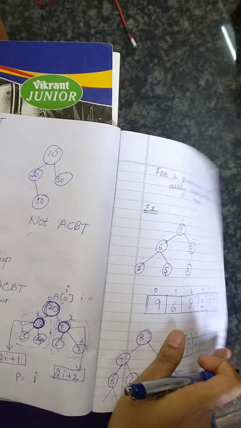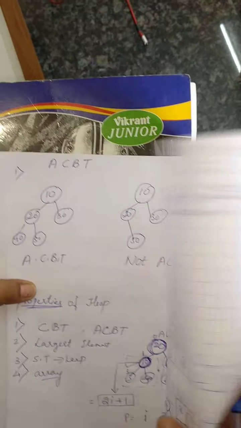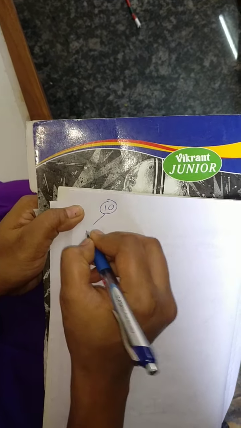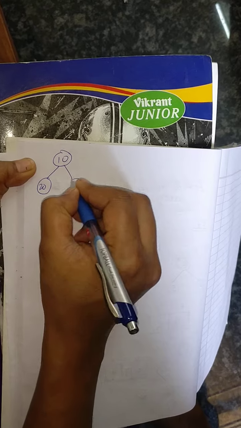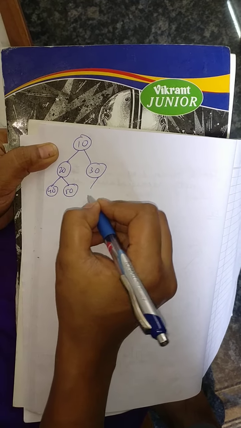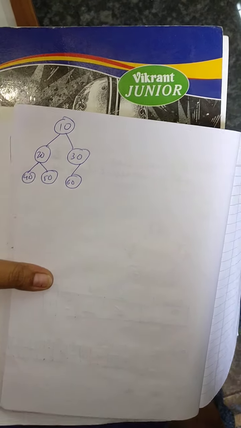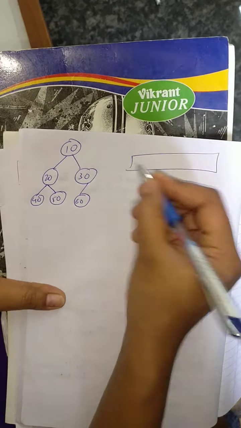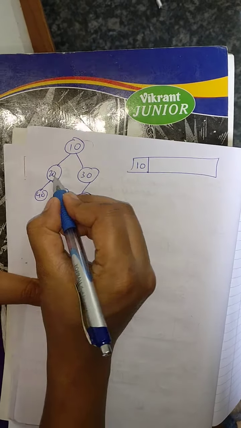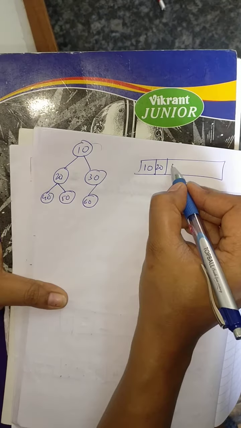Now you tell me which is complete and which is not complete. I'll take 10, 20, 30, 40, 50 and I'll take 60. Is this complete? So represent it in the form of an array. It's easy. 10, the parent, followed by the left child 20 and the right child 30.